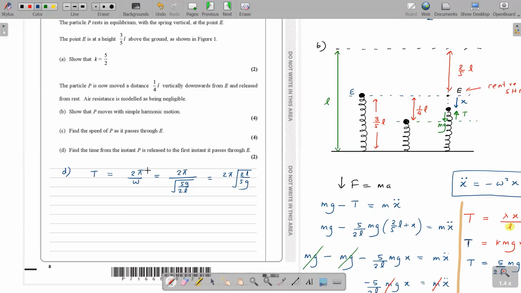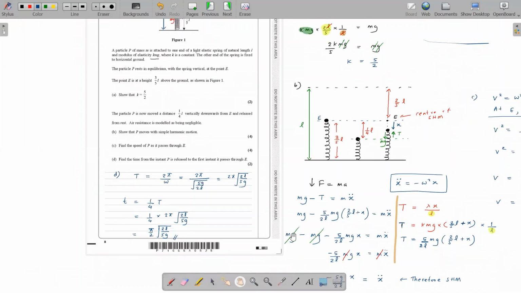You need the time from the instant P is released until it first passes through E. So the time we require here is 1 over 4 of the periodic time. That gives me the answer pi over 2 times root 2L over 5g. Is this clear? So this is the answer.